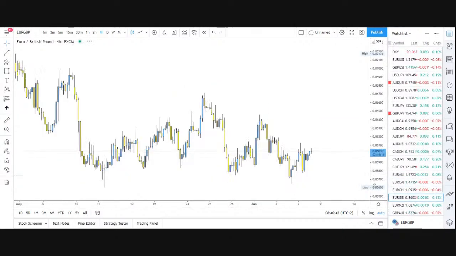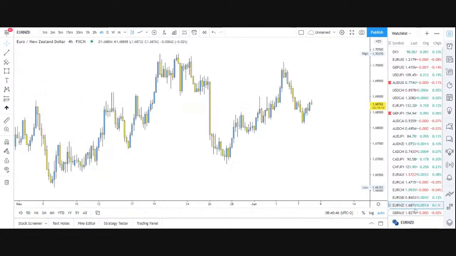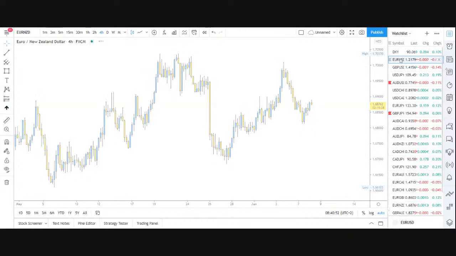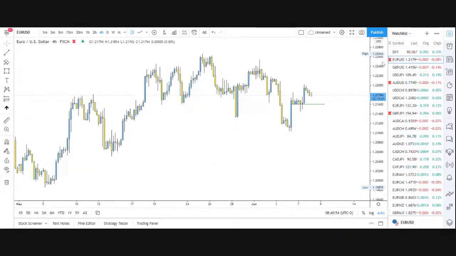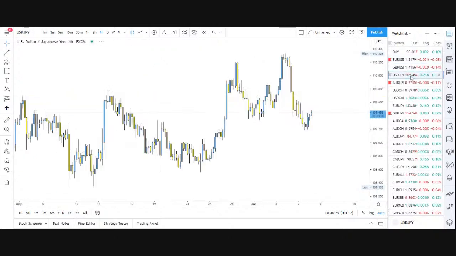There is more downside, and then similarly there. So I think I will definitely be keeping an eye on euro, maybe even USD JPY.